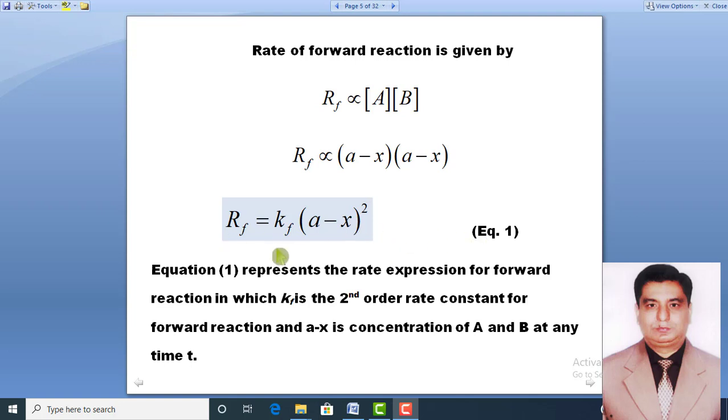In this equation number 1, Rf is the rate of formation of product, the rate of forward reaction, and Kf is the rate constant for the forward reaction, and A is the initial concentration of reactant A, and minus X means the decrease in the concentration. So A minus X means the concentration of both A and B after time t second.